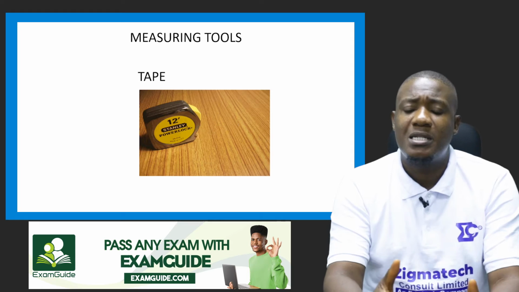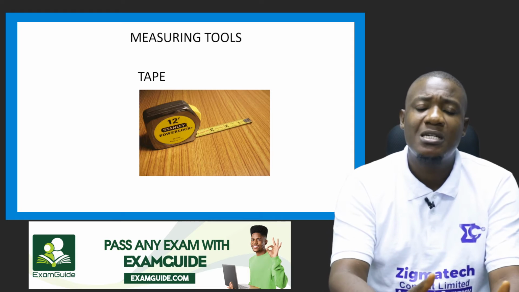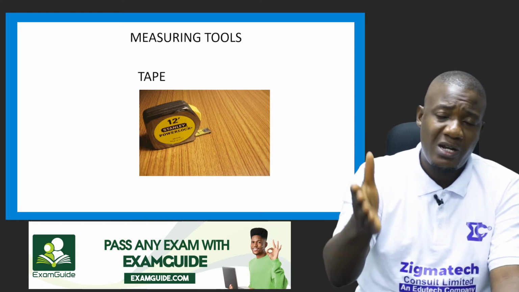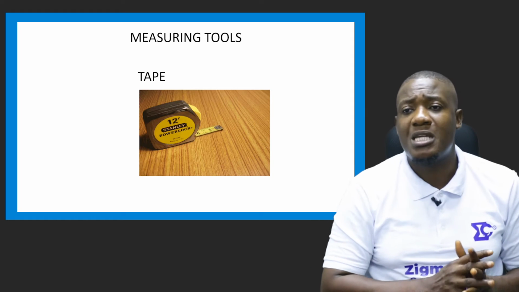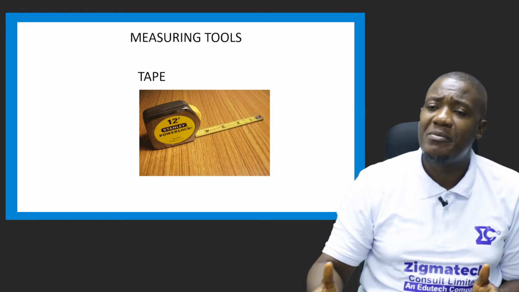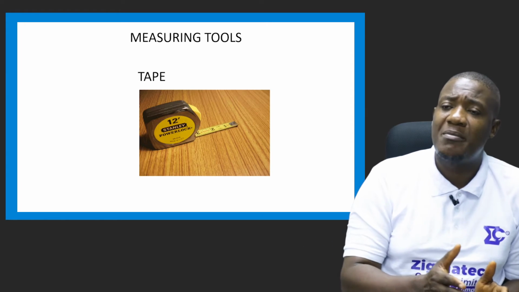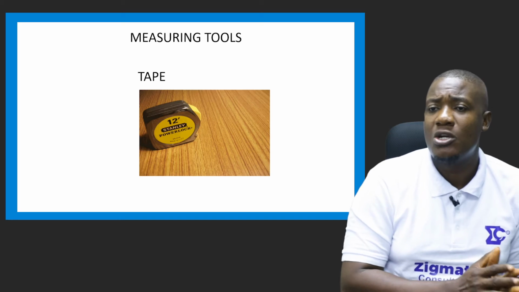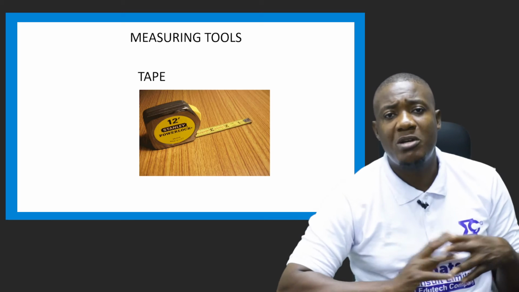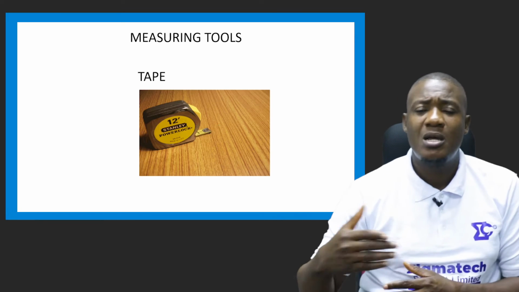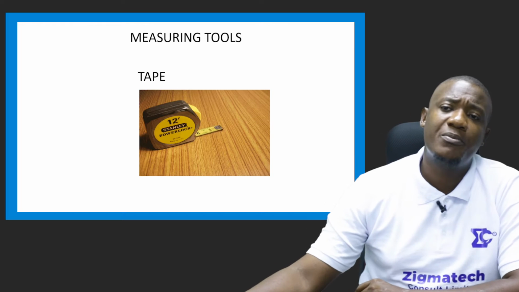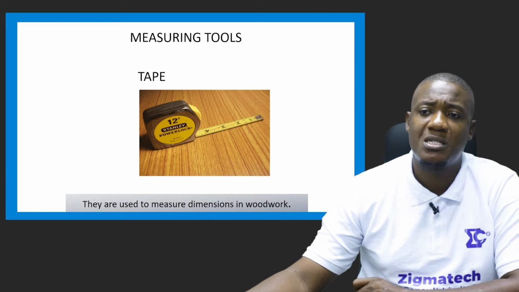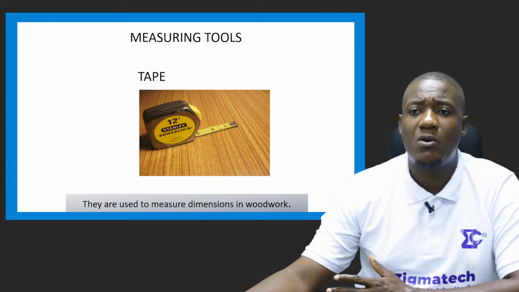This particular one is graduated in inches, but we also have other measuring tapes that can be graduated in centimeters. You already know that 10 millimeters make 1 centimeter. Please, this is a measuring tape we use for measuring length and dimensions of our woodwork.